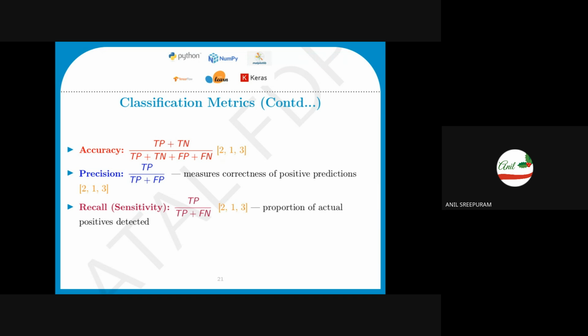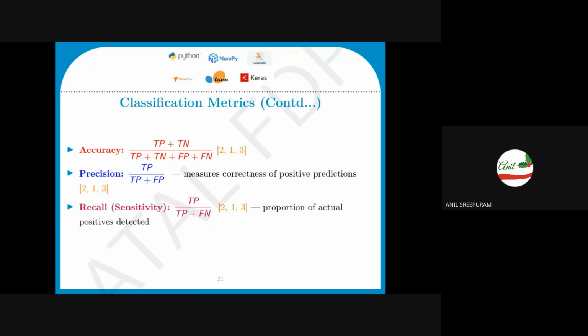So the next thing is precision. Precision means, anyway, we have a positive class 1. Class 1 is there. And the model predicts some samples are actually class 1. But exactly all these samples may not be in class 1. So precision is actually giving you a measure that out of the whole predictions of class 1, that is, the model is predicting class 1 for a number of samples.